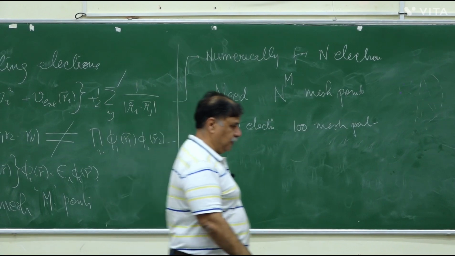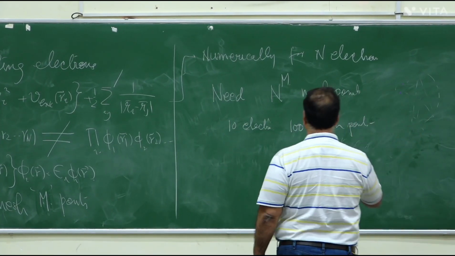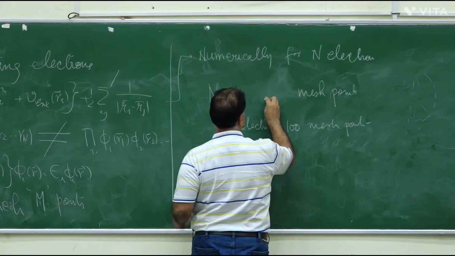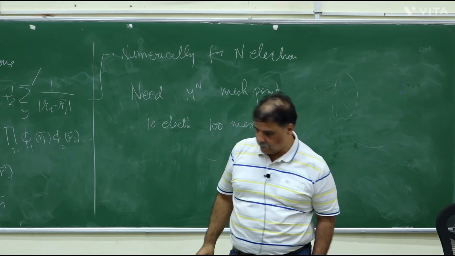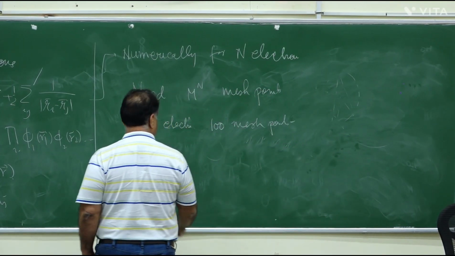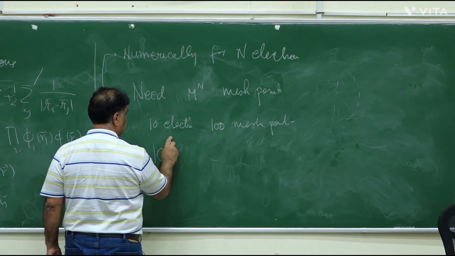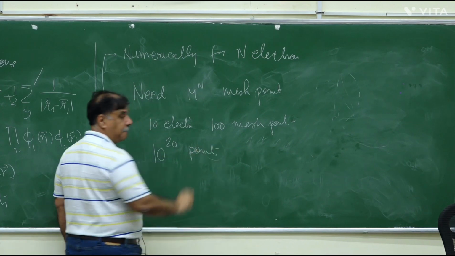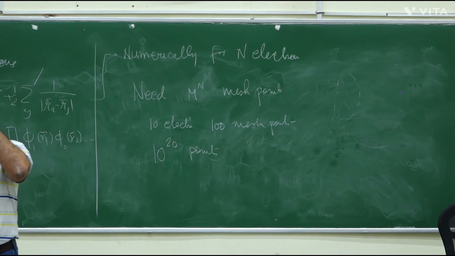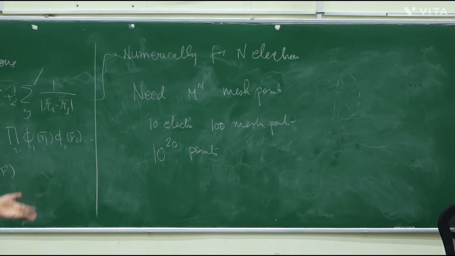I've written it the other way. M for first, N for second, and so on. So M raised to n. Right? So then I get 10 raised to 20 points. Do you appreciate the number? It's a huge number, and I cannot just solve it.